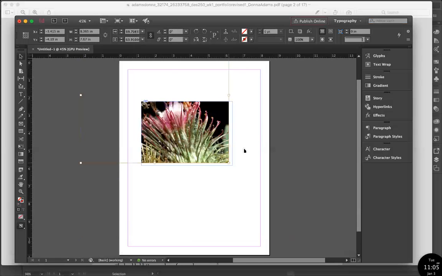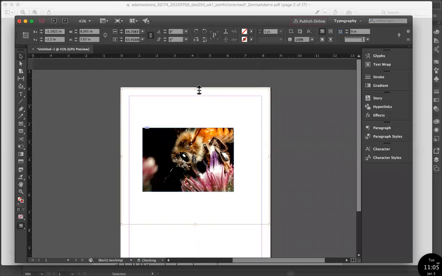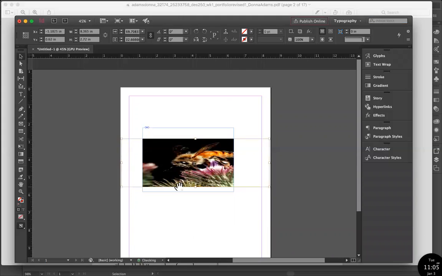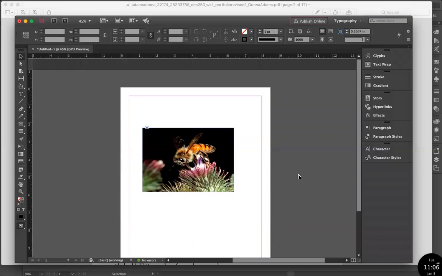I'll manually resize it in there. Let's say I make the mistake of just manually fitting this into the frame when the frame isn't necessarily the same proportions. So now this B is kind of distorted in there.